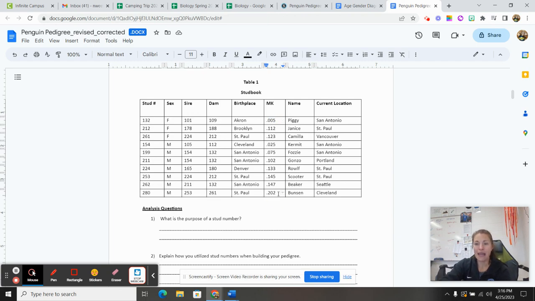When our MK number is higher, so an MK number of 0.2 would actually be pretty high, that penguin is going to be closely related to the other penguins in this group. So that means out of all of these, Bunsen is the most inbred and Piggy is the least inbred penguin. And we can use these MK numbers to set up breeding programs in zoos. So that is the next part that you are going to be looking at for today. So I hope that made sense. Get to work.